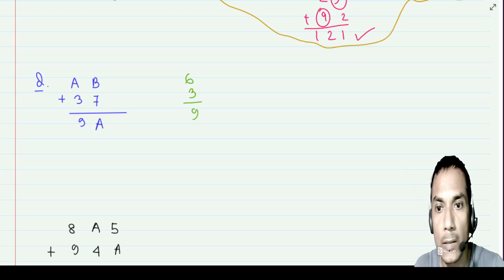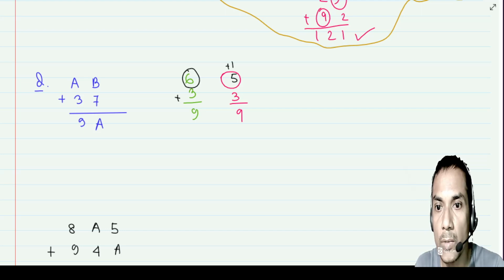So then A will be 6. Another possibility is when there is no carry forward. If one carry forward is there, then this will be 5. Okay, 5, and next is 3, and this is 9.